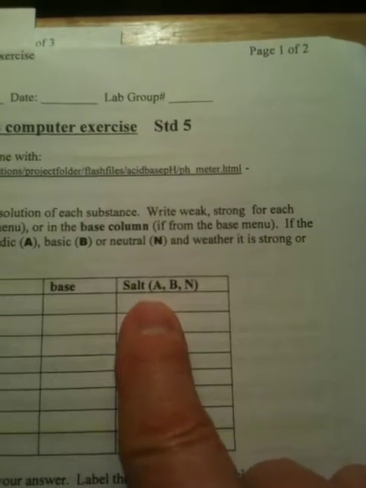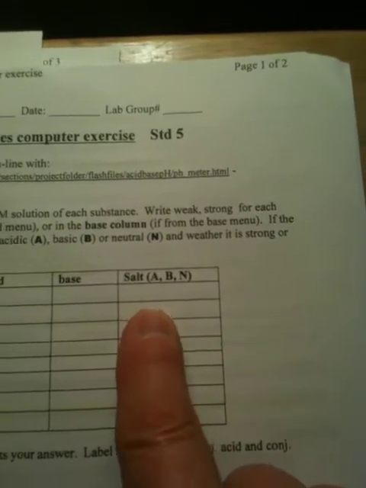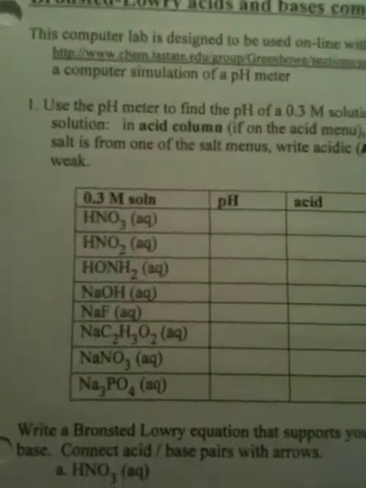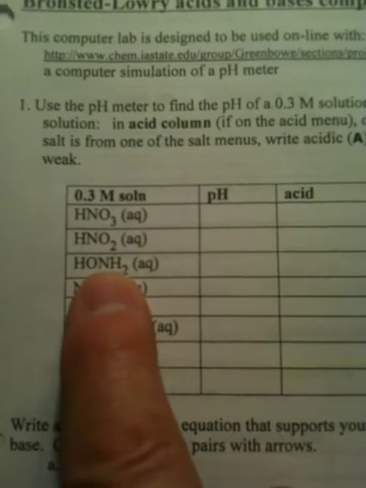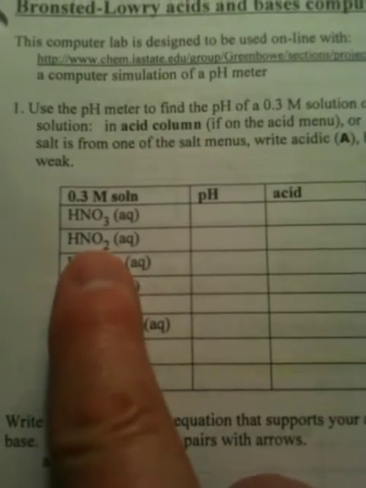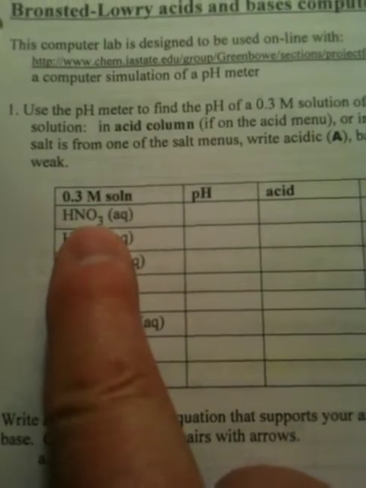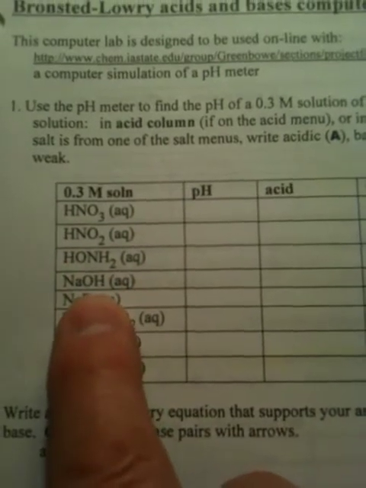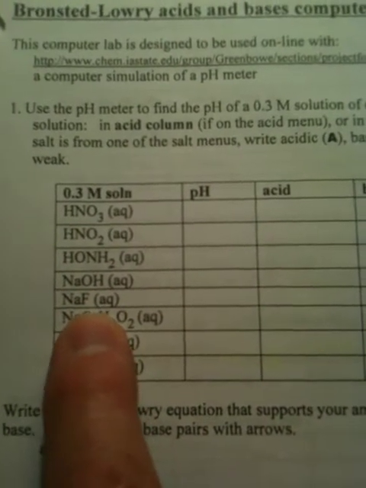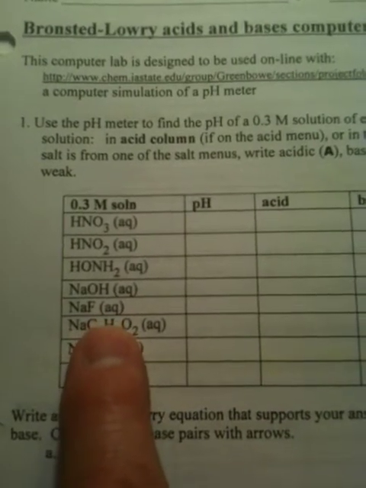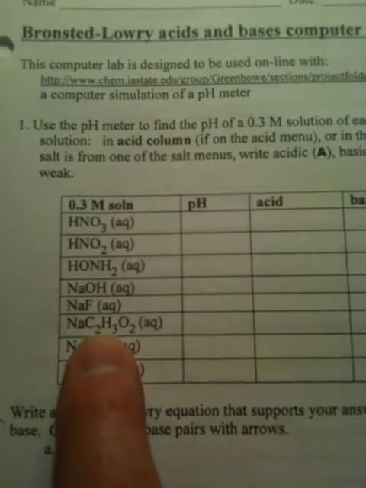Now, for salts, let's look at some of the salts on this list. This shows up on the base menu. This shows up on the acid menu. This shows up on the acid menu. This one is going to be on the base menu, sodium hydroxide. Sodium fluoride is a salt, so that'll show up on a salt menu.